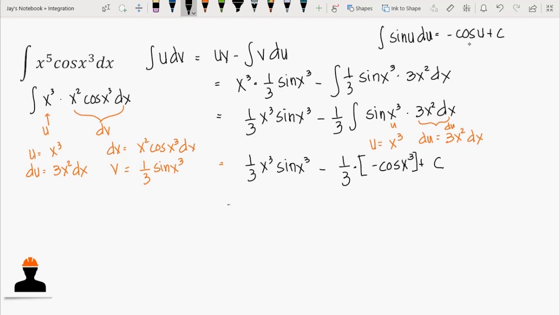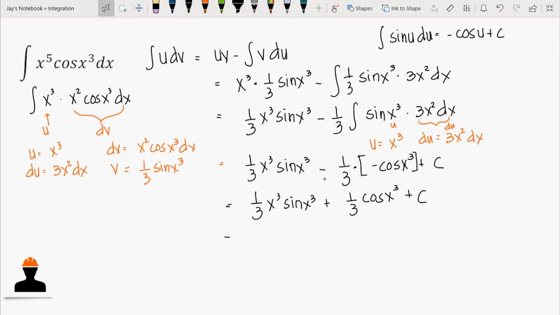Okay, so we have now the answer, that is 1/3 x cubed sine x cubed. Since we have negative inside the bracket and we have negative outside, then we can multiply them, that is, we could have positive. Then positive 1/3 cosine x cubed plus c.